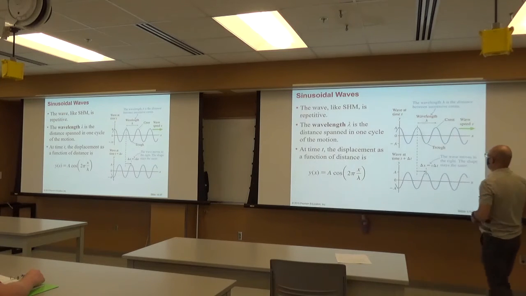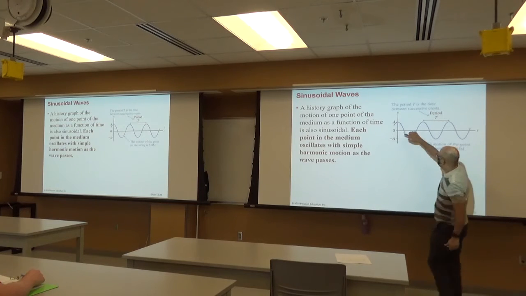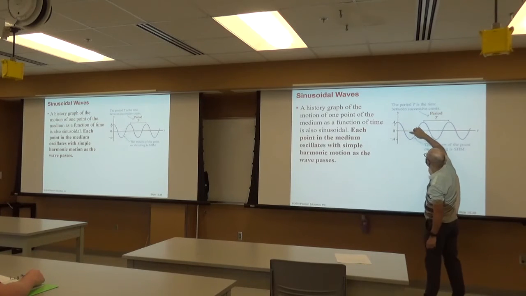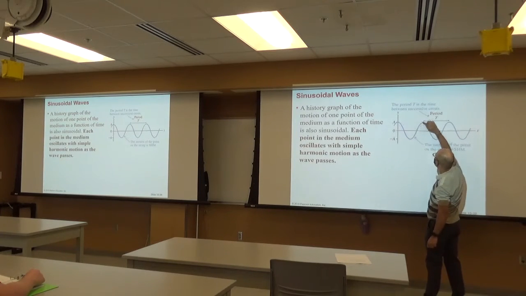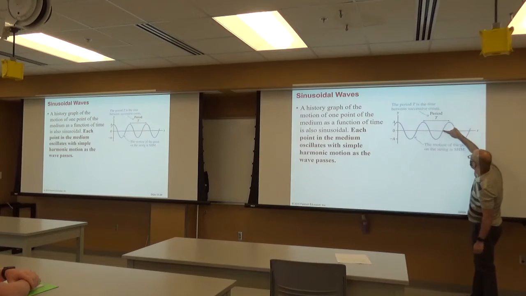Which, if you plot, would be exactly the same as the snapshot graph. So in the beginning of the time, that's the height, and then some time later, that's the height, and so on.